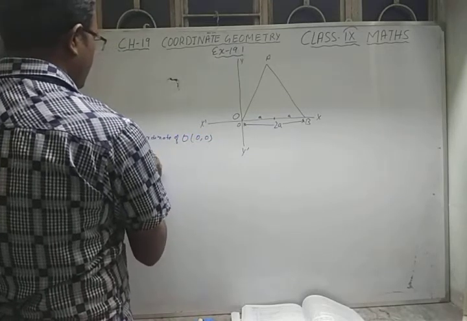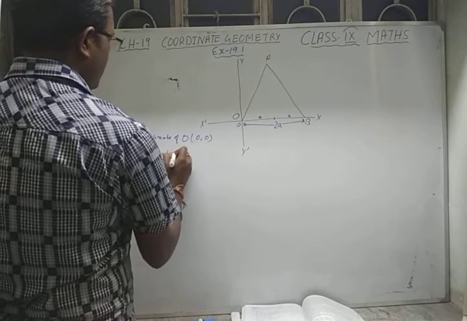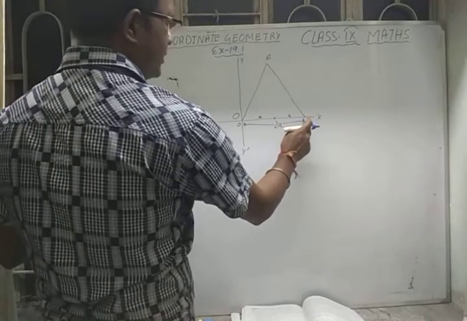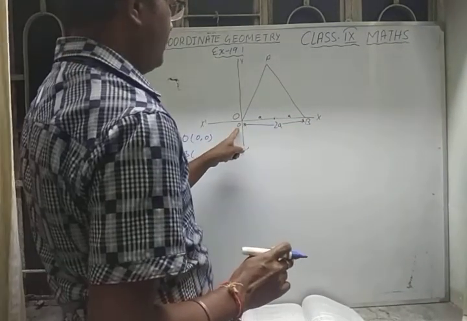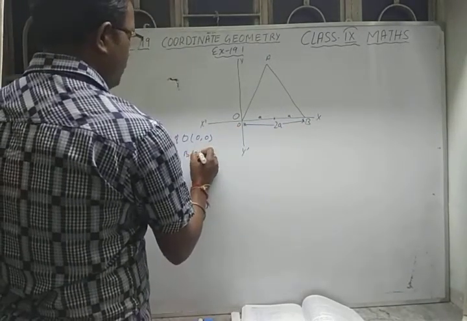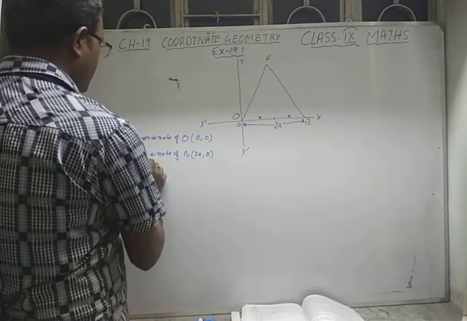Then coordinate of B also you can write, it lies on the x-axis, that means y will be 0, and the length between 0 to B is 2a, so it will be 2a, 0.